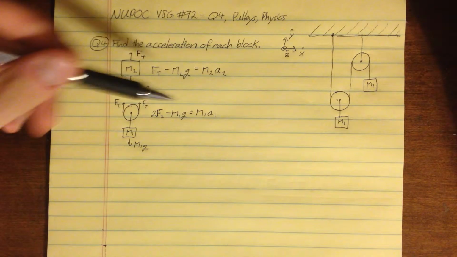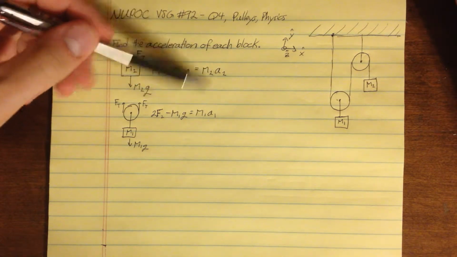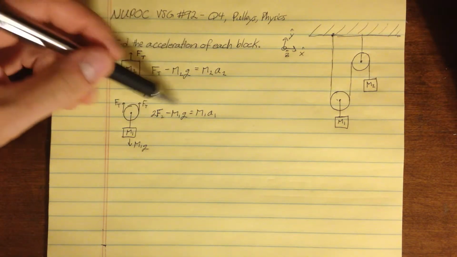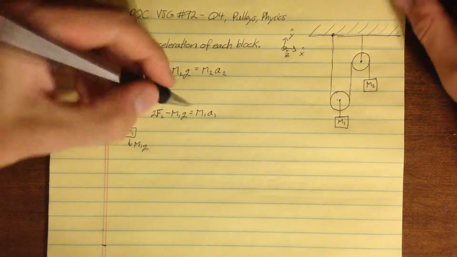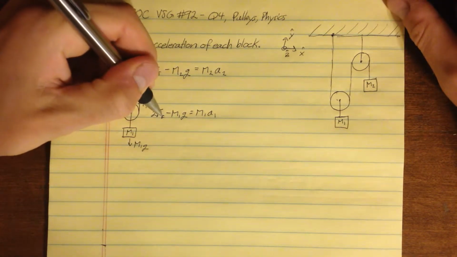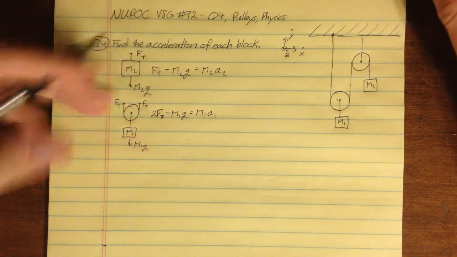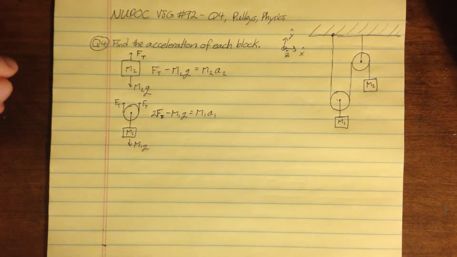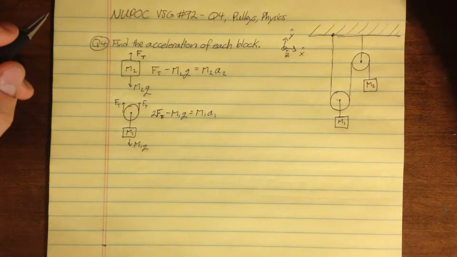Now we have to figure out a way to relate a1 and a2, so we can go ahead and solve this equation. This is Ft right here. So we can solve this equation for Ft, and then we can go back and solve for exactly what the accelerations are in terms of g.